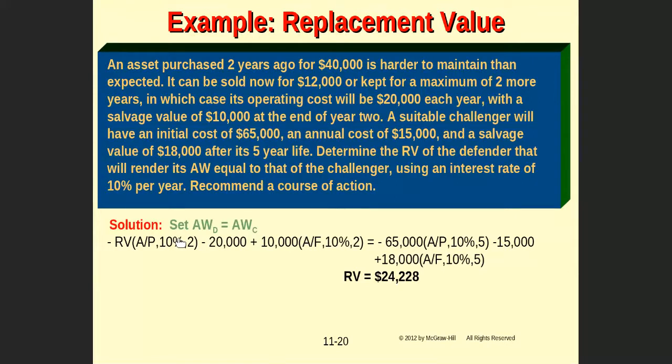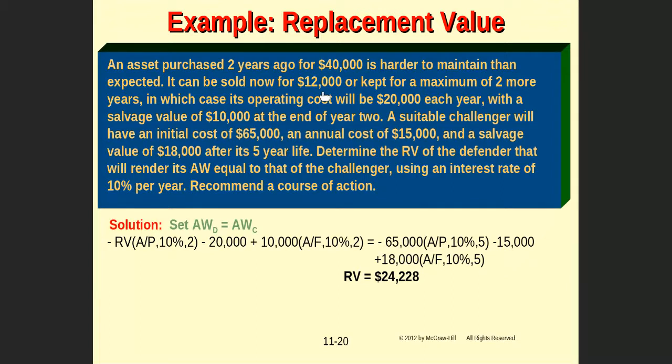If you think about the 12,000 given in the information, it represents the value if the defender is going to be sold now with the challenger. But we don't know how much the challenger has to be, so it can be replaced with the defender.